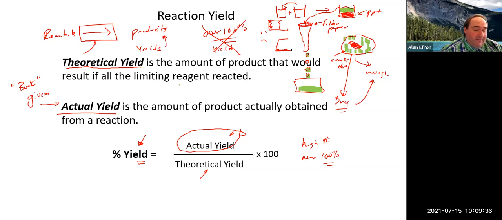So you lose a little along the way, perhaps some of the solid actually goes through as well. Maybe you poured too much or too quickly on that filter paper, and it went up the sides and down through the bottom. So very often when people filter things, they see some solid going through, which again is not a good thing. So there's a lot of room for error.